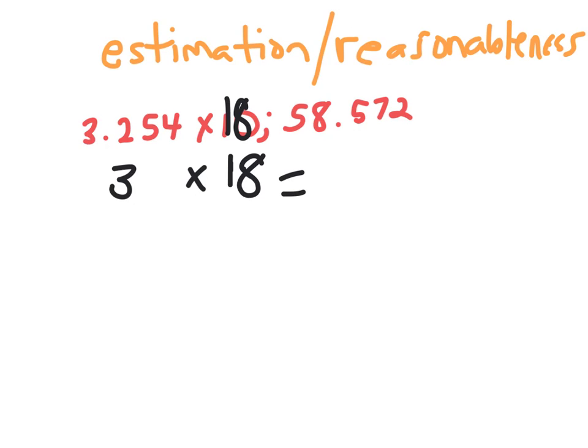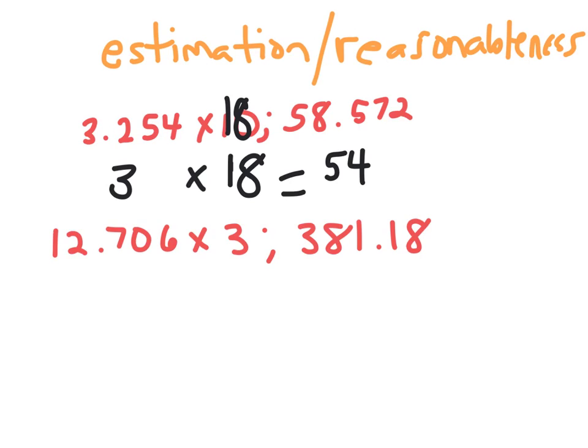So I could round down. I could do 3 times 18. That's going to give me 54, and so I can say I'm in the ballpark. That's a reasonable answer. Let's try another one. We have 12.706 times 3.